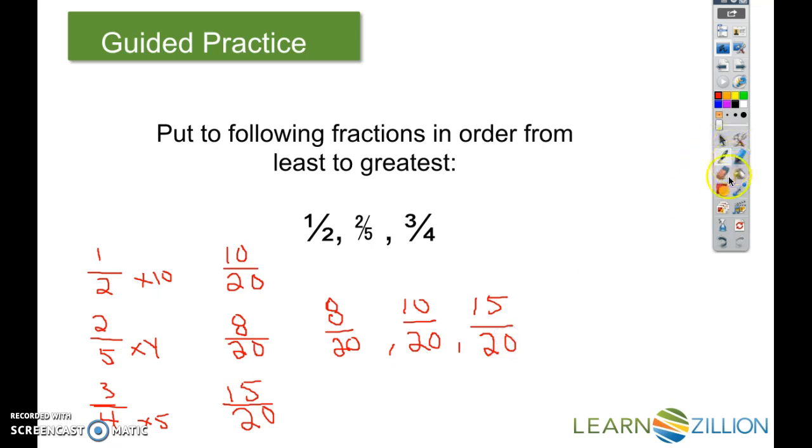Now, going back to the original question, we know that 8/20 was the 2/5, so 2/5 is the smallest. 1/2 is the middle one, and then 3/4 is the largest fraction.